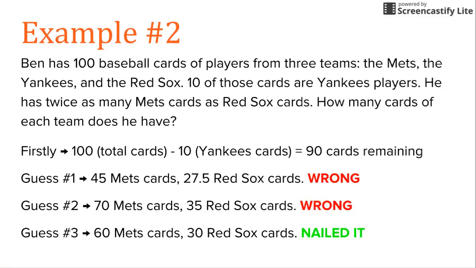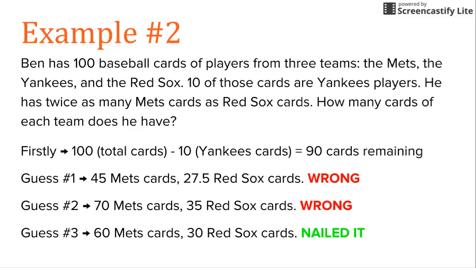All right, for my second example, I wanted to go a little harder. Ben has 100 baseball cards of players from 3 teams: the Mets, the Yankees, and the Red Sox. 10 of those cards are Yankees players. He has twice as many Mets cards as Red Sox cards. How many cards of each team does he have? This is actually a 2-step problem.